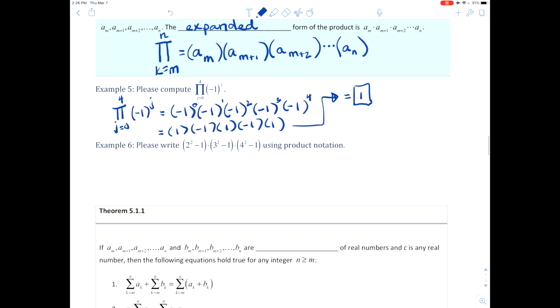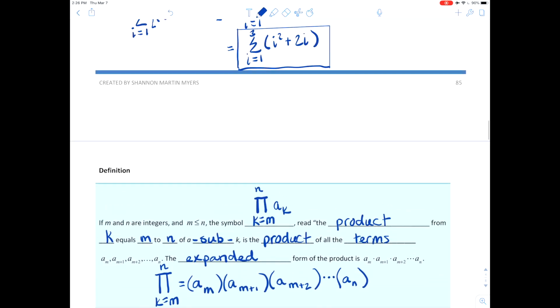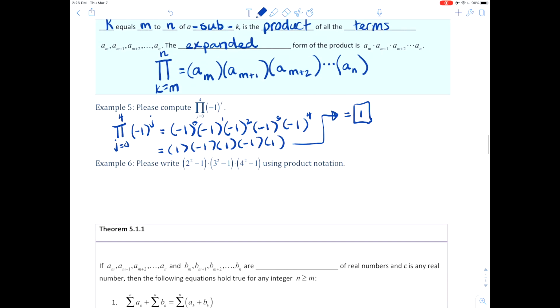Let's practice starting at a different index, all right? So here, it's going to be a little bit different because we will have a product instead of a sum, but it's the same expression inside. What if we go ahead and start at 0? Let's use a different letter.